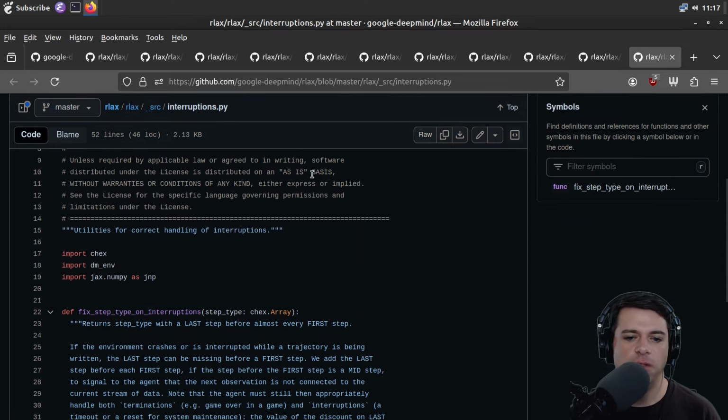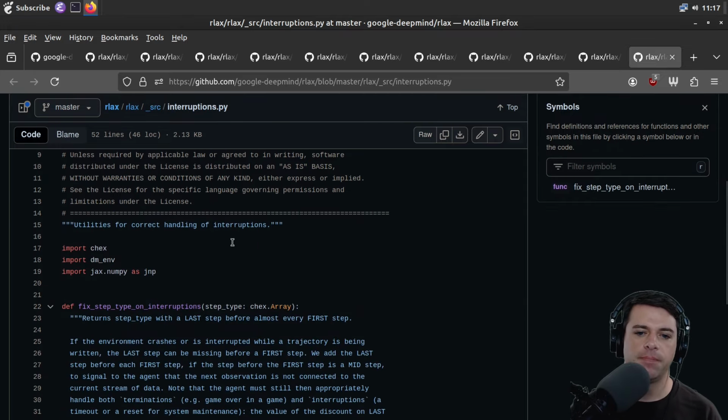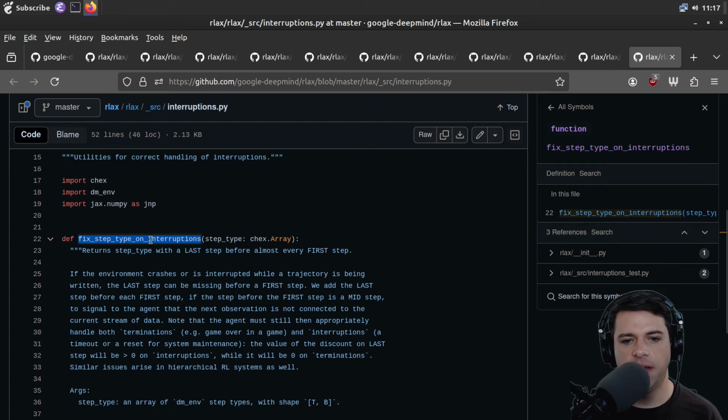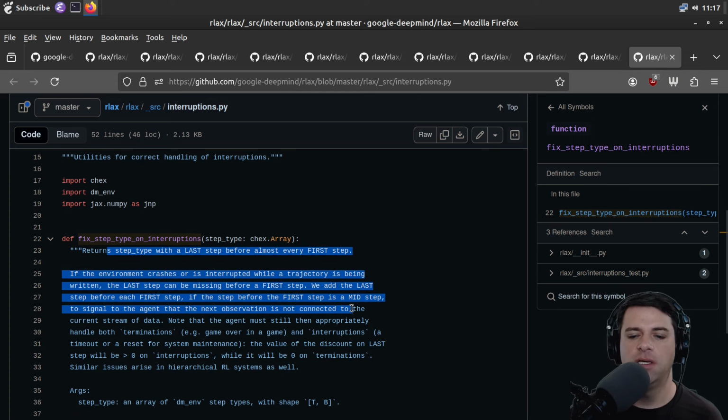Interruptions. What is interruptions about? Correct handling of interruptions. So fix step type on interruptions, return step type at the last step before almost every first step. If the environment crashes or is interrupted while a trajectory is being written, the last step can be missing before a first step. We add the last step.